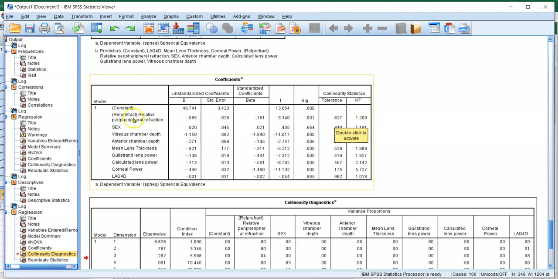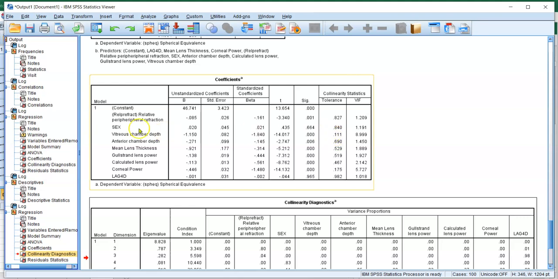So if relative peripheral refraction was completely independent by itself, adding a little bit, not necessarily all of it, but a little bit of spherical equivalent, this variable would account for 83%, which means that 17% is shared with these other variables. And gender, this variable accounts for 84%. So whatever sex has to do with myopia, it stands on its own with 84% and only 16% is shared with others.